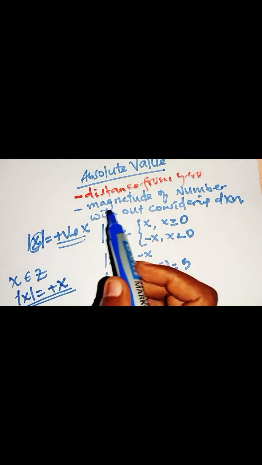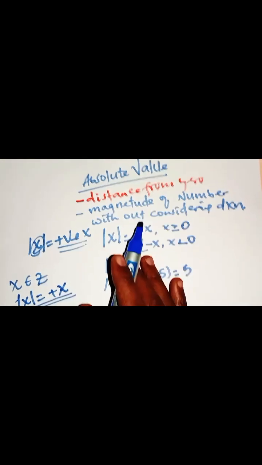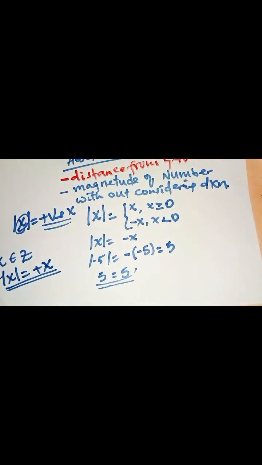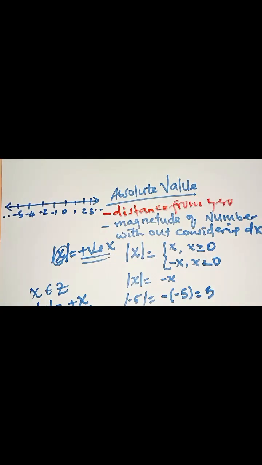Now, what do we mean? For example, let me sketch this out. When we are sketching this on a number line, we start from 0 to the right: 0, 1, 2, 3, 4, and continue to the left: 0, negative 1, negative 2, negative 3. What we are saying here is distance from 0.